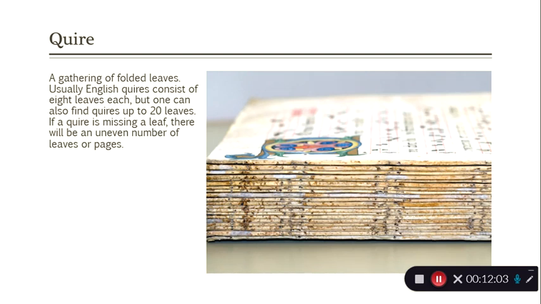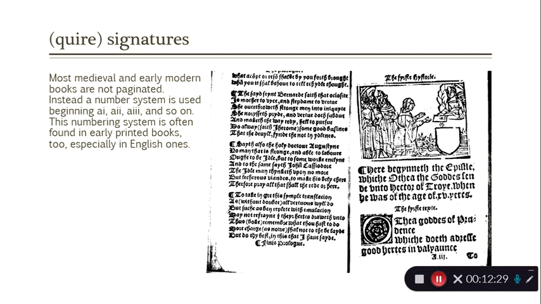Some books do have missing leaves, missing pictures, missing pages, and so the quire will be uneven. Quire signatures. Yes, sometimes you get a book that's completely unpaginated, as in this one. This is a later printed edition of the Letter of Othea, the goddess, to Hector of Troy, that work by Christine de Pizan. And here you've got the signature. It's A3 at the bottom of the page.